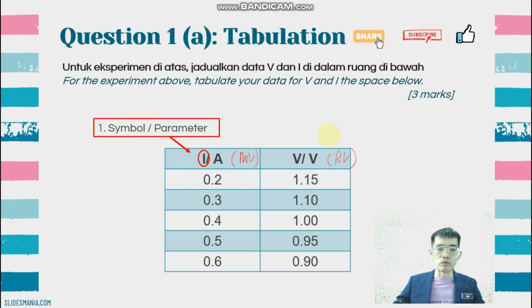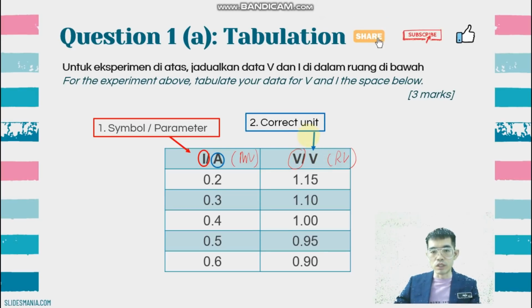First, you have to write the symbol and parameter for both columns. Next, you have to give the correct unit for both columns also. So here ampere will be given for current, and volt, V, will be the unit for potential difference.